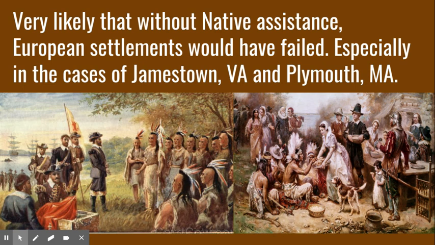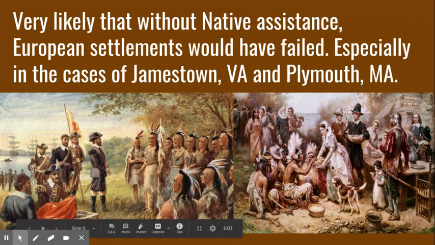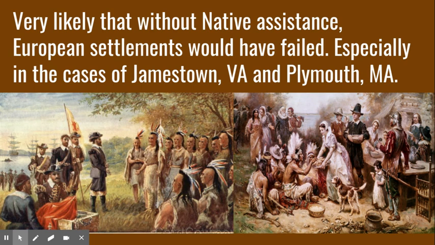With the Pilgrims, you had Squanto, who showed them all kinds of things, which we'll talk about later. And over with Jamestown, you had the famous Pocahontas, who was real, and her tribe, who would trade and sometimes get into fights, but oftentimes would help John Smith and the colonists of Virginia.